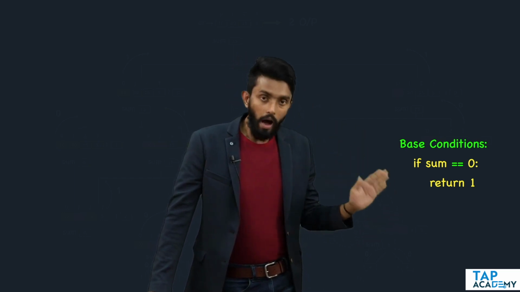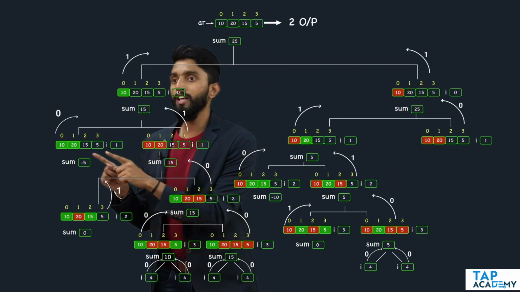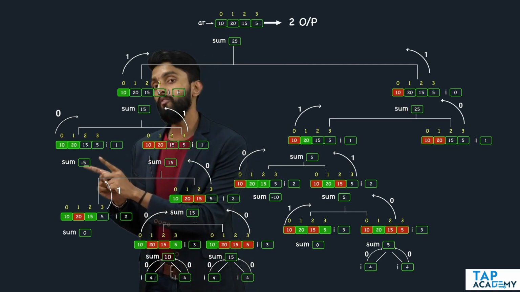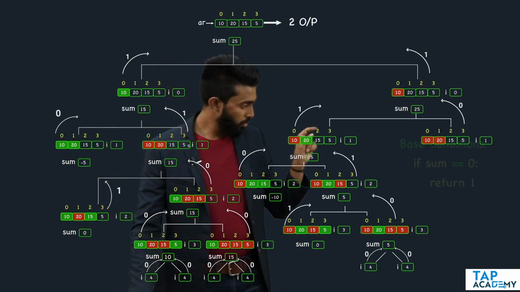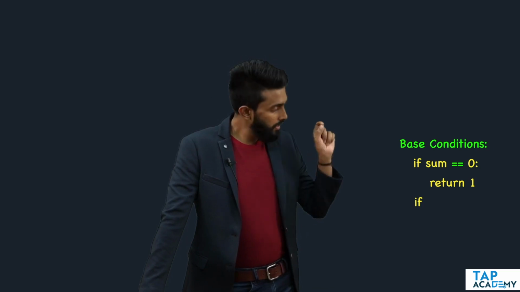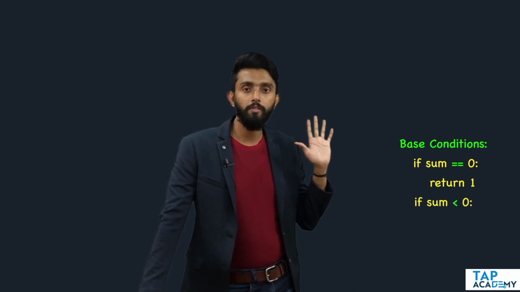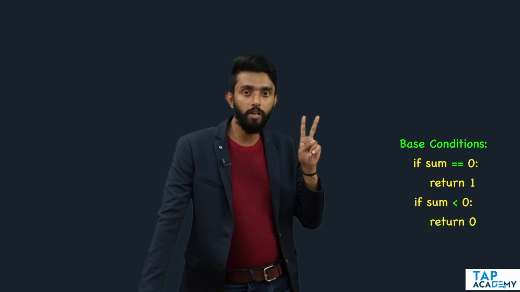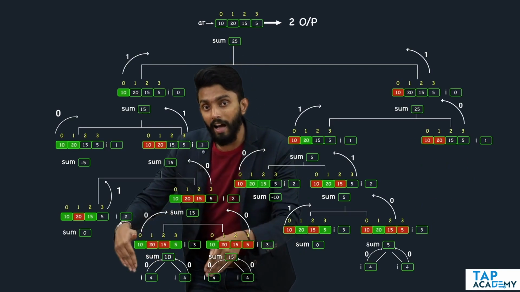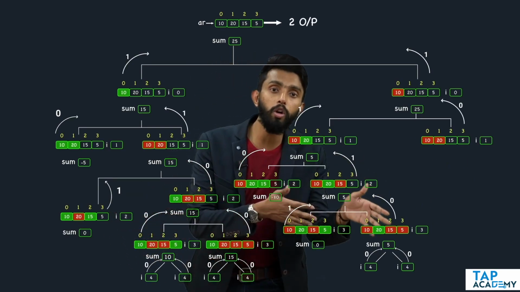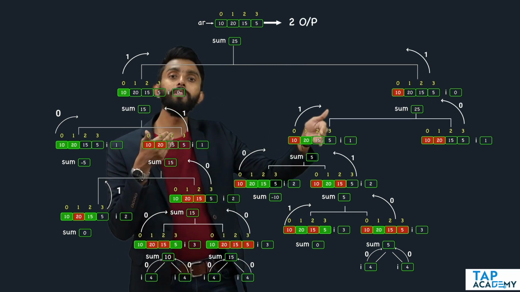Now, again the next base condition. The next base condition is if in case sum value becomes negative. So if in case sum is less than 0, negative, it's invalid. Invalid means return 0. 2 base conditions done. There is one more invalid base condition, which is if in case i value goes outside the boundary of the array, or in other words, all the elements are over.